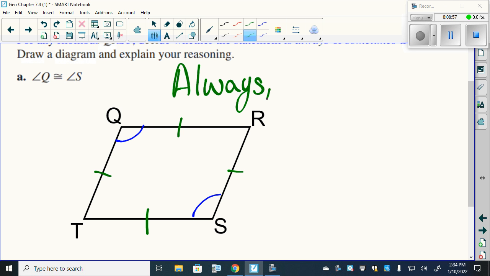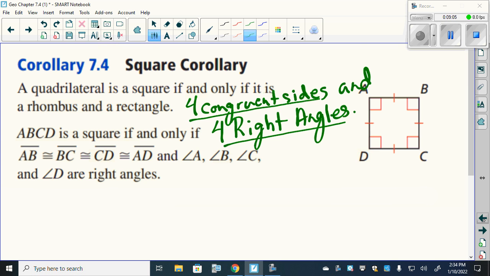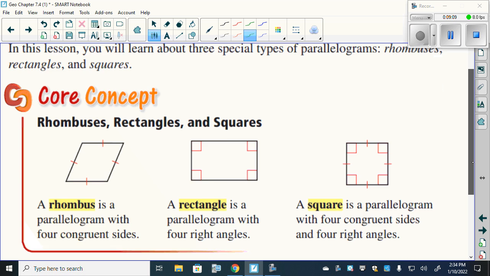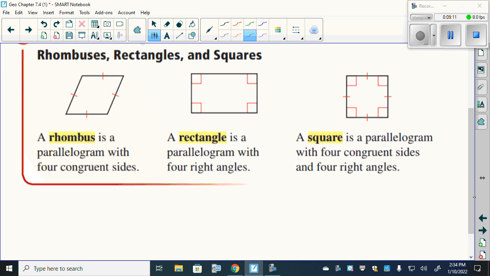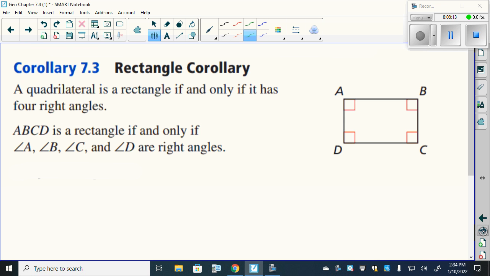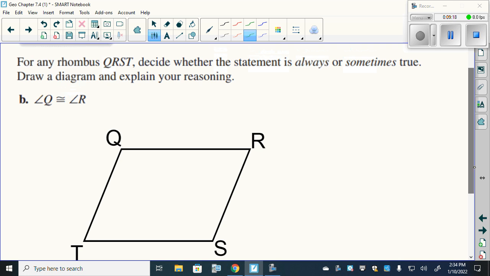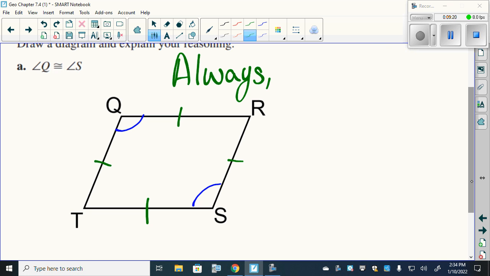Because a rhombus is also a parallelogram, and as we went over last week, the opposite angles in a parallelogram are congruent.